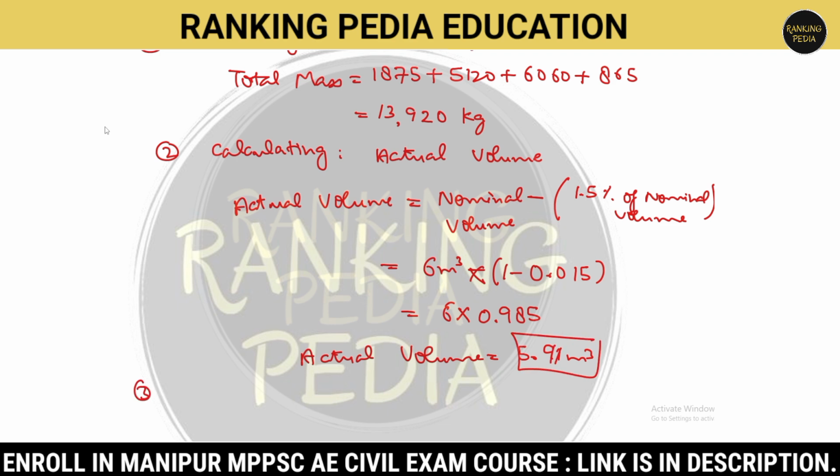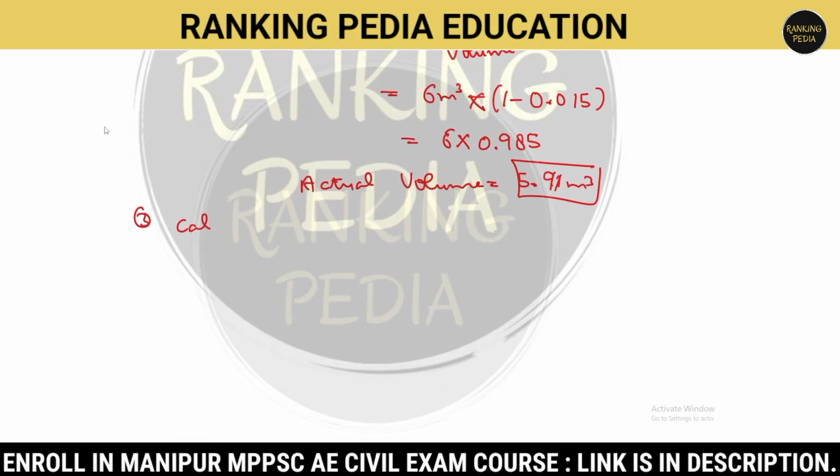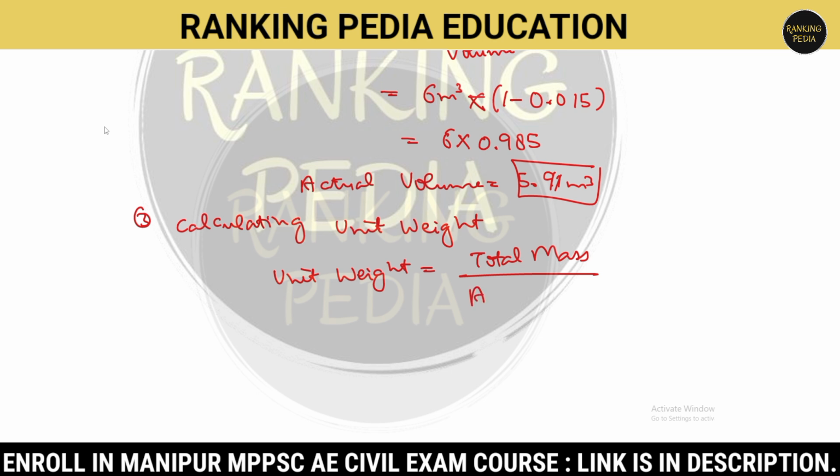Third step, what are we calculating? We are calculating unit weight. Unit weight is equal to total mass upon actual volume.